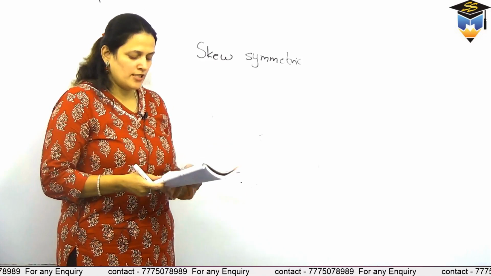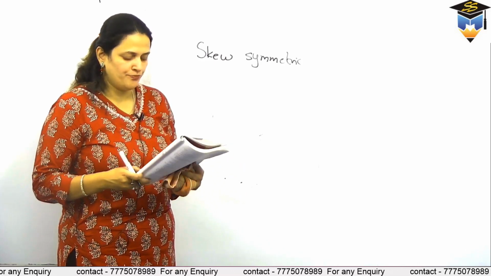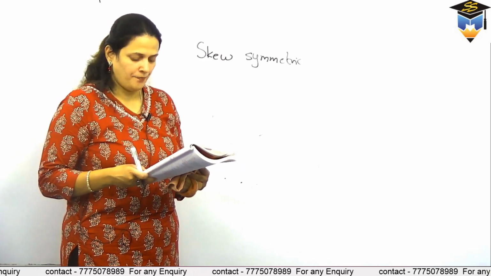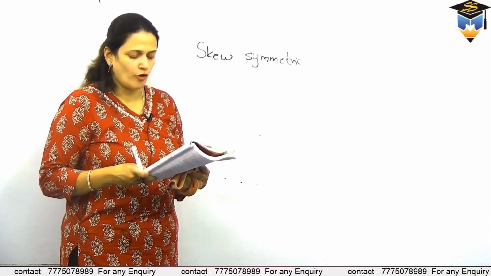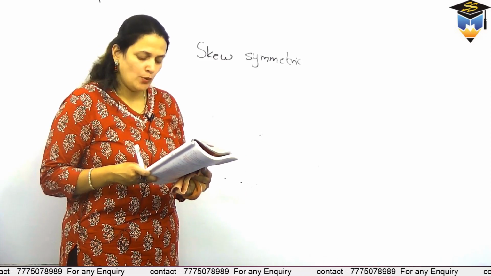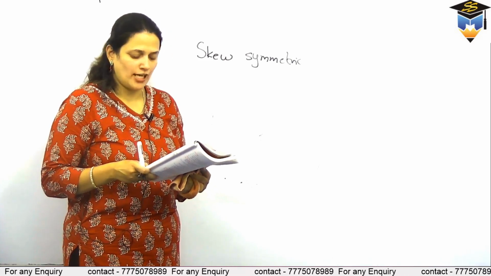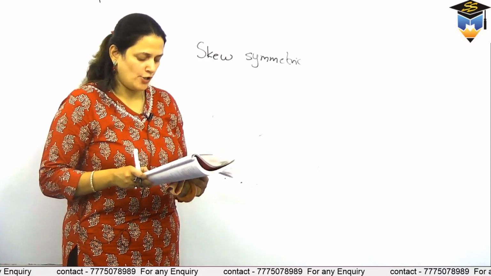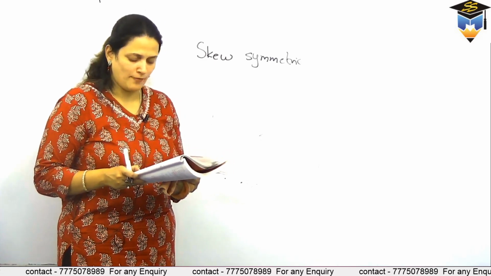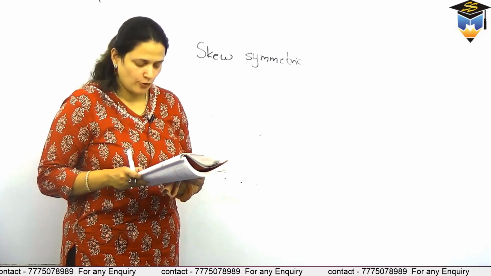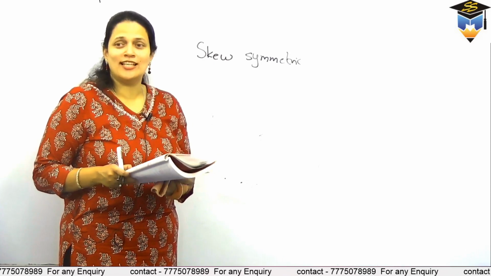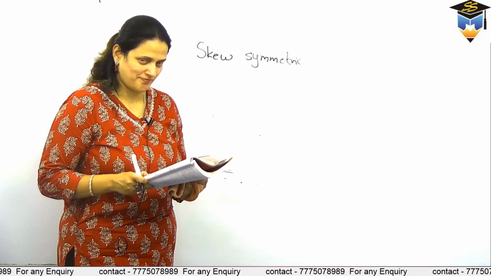So what is a skew symmetric matrix? Let me read it out to you. A square matrix A of ij of order n into n, in which A of ij is equal to minus A of ji for all i and j, is called a skew symmetric matrix. In a skew symmetric matrix, each diagonal element is 0.